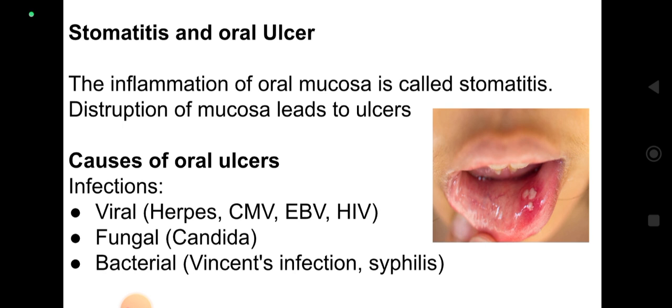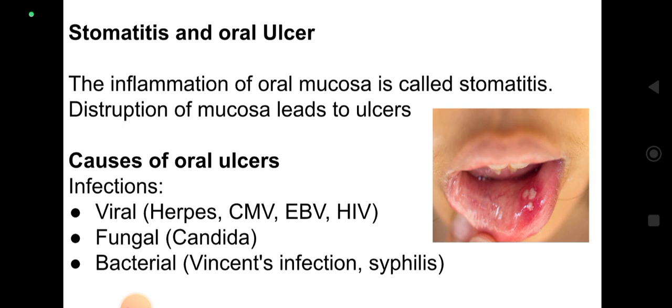Here we will know about some common causes of oral ulcer. They can be infection due to viral, fungal, and bacterial agents. Viral agents like herpes, CMV, EBV, HIV, fungal agent like Candida, and bacterial infection like Vincent's infection and syphilis.